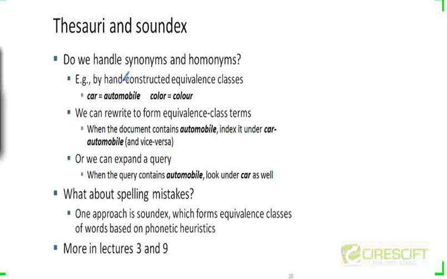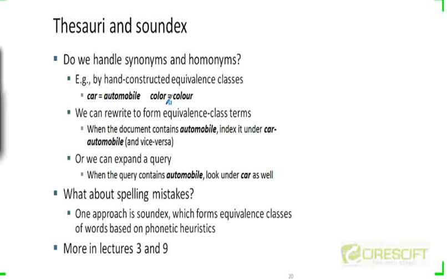Now during normalization, we may also want to handle synonyms. That is, if the query contains a particular word, we may want to also retrieve documents containing synonyms of that word. For example, if the query is car, then we may want to retrieve documents containing the word automobile, even if they don't contain the word car, and vice versa.